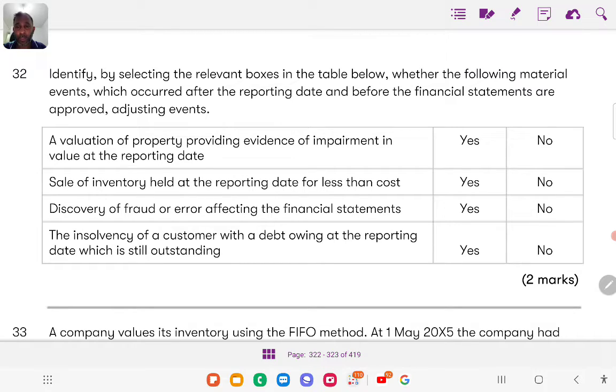Second one, sale of inventory held at the reporting date for less than the cost. Now usually inventory is accounted for using IAS 2. IAS 2 states that you have to value the inventory at the lower of cost or NRV, whichever is lowest.